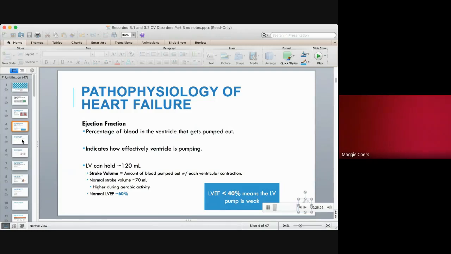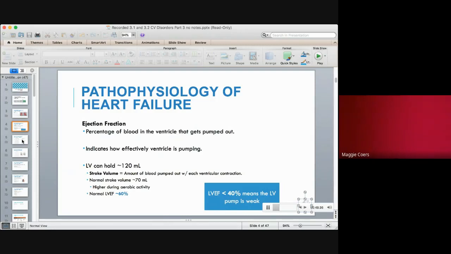Ejection fraction is the percentage of blood in the ventricle that gets pumped out with each heartbeat. So the ventricle fills, and the amount of blood the ventricle pumps out of the heart is the ejection fraction. It indicates how effectively that ventricle is pumping.